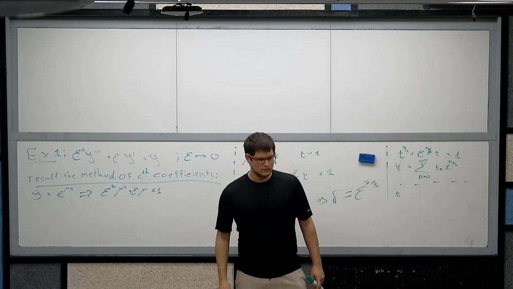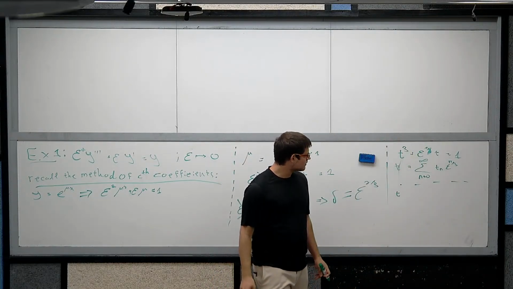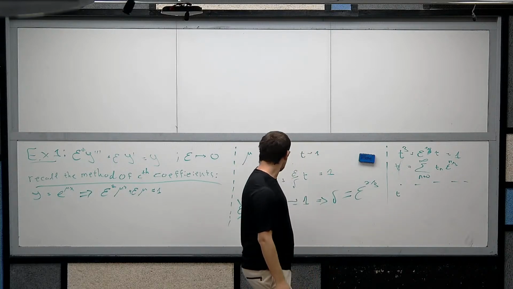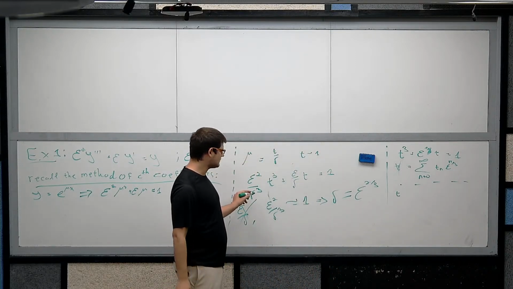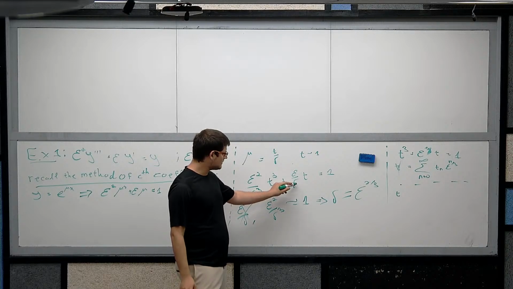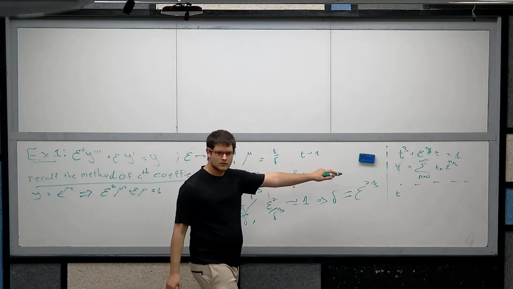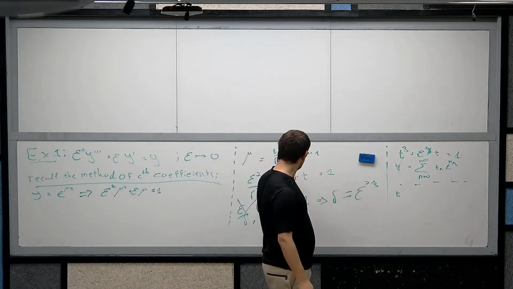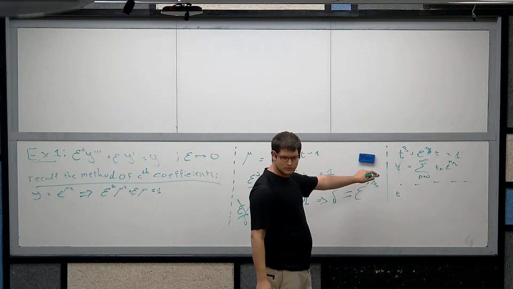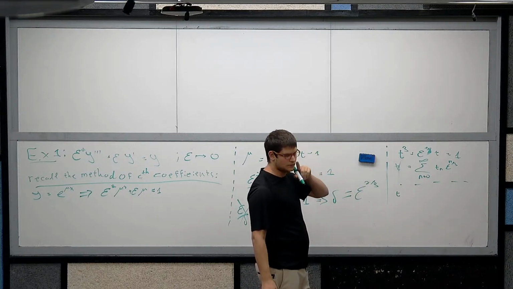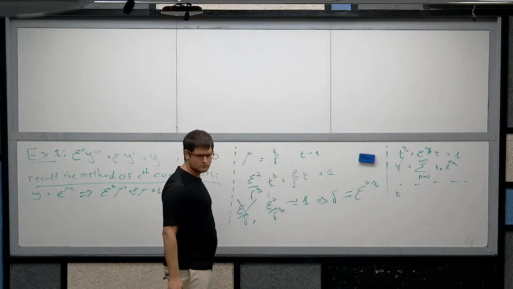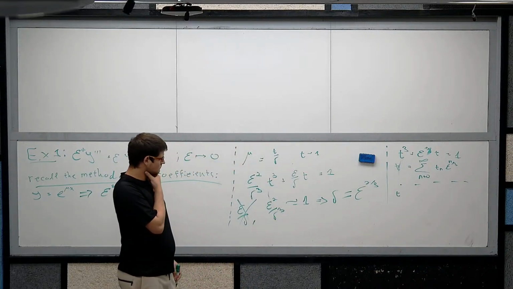How did we get epsilon in such a power like n over 3? I just plug in what delta is, and delta is epsilon to the 2/3. So epsilon divided by epsilon to the 2/3 is epsilon to the 3rd power. Yes. Then you wrote the series.